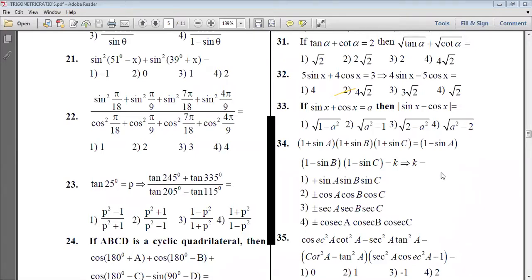Then what is the value of 4 sin x minus 5 cos x is equal to how much? 4 root 2.